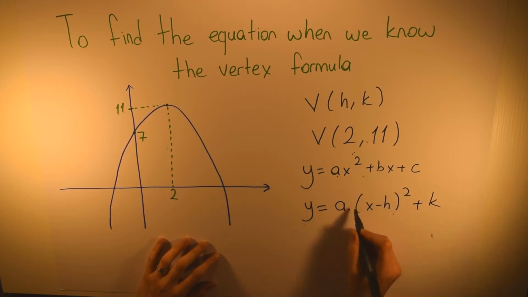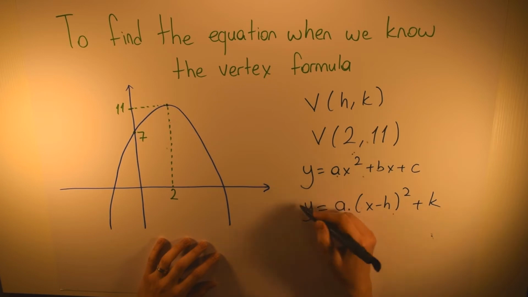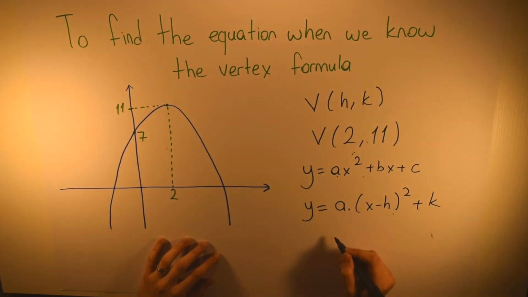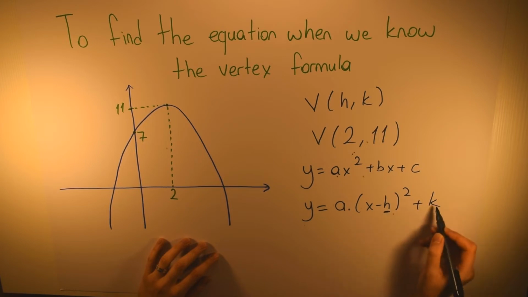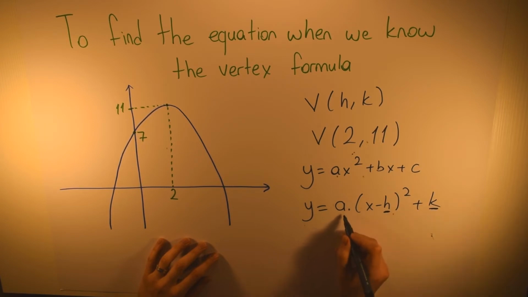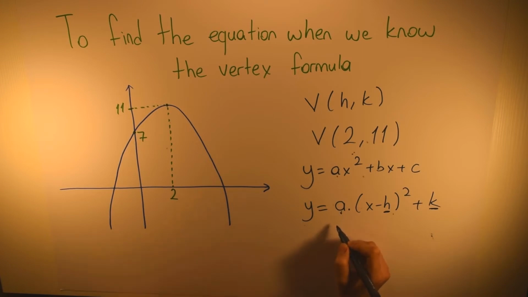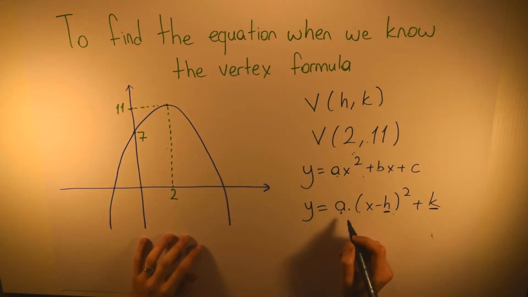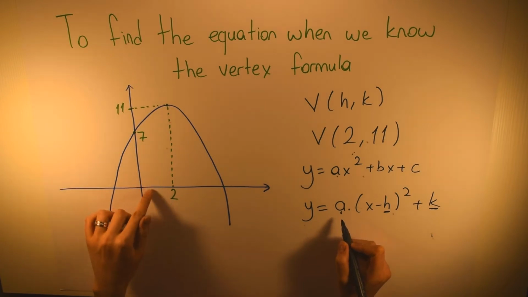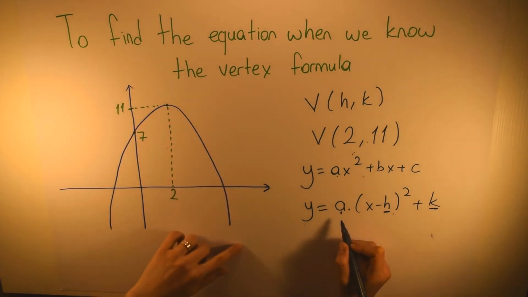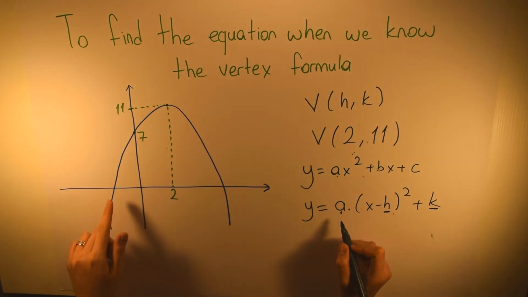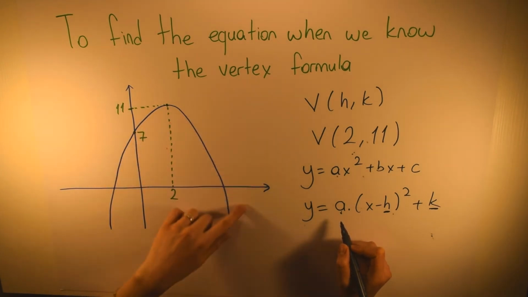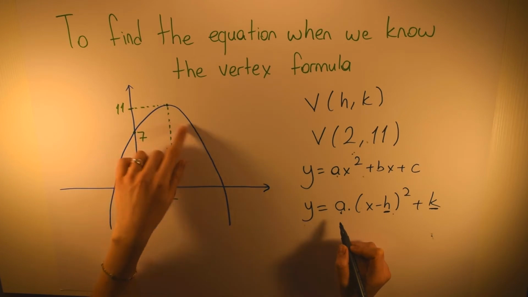You can also write it like this, they are the same thing actually. So if you know the value h and the value k, all you need to do is find the value of a, and after that you will be able to write the equation. So how can I do that? You just take any point on the parabola, and since it is on the parabola, it should give us the right value of a.